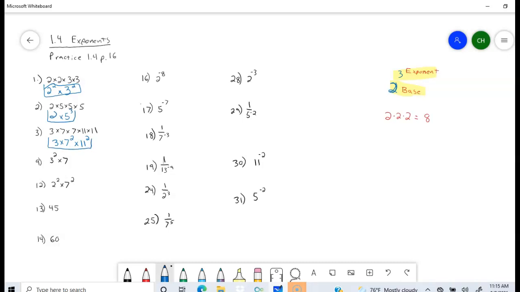So number 9 through 12 wants us to expand and multiply. So we know that this becomes, kind of doing the opposite of what we just did, 3 times 3 times 7. So 3 times 3 is 9, 9 times 7, 63.